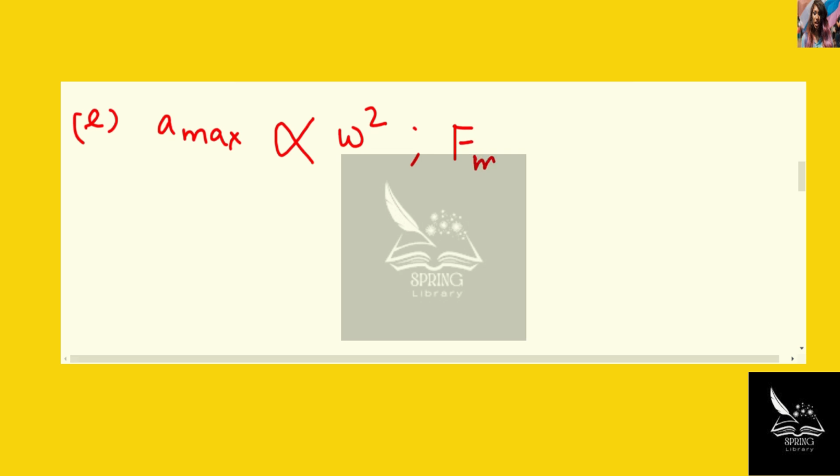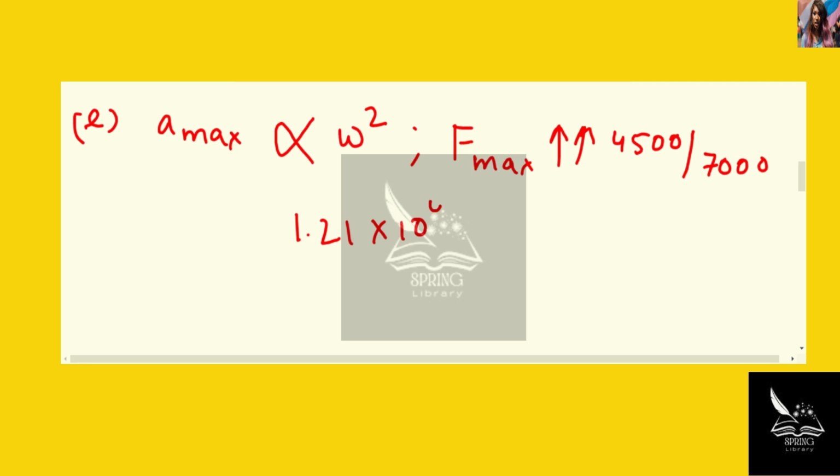Because a max is proportional to omega square, F max will increase by a factor of 7000 upon 4500 the whole square, to 1.21 into 10 raised to 4 Newton. Now we have more to do.